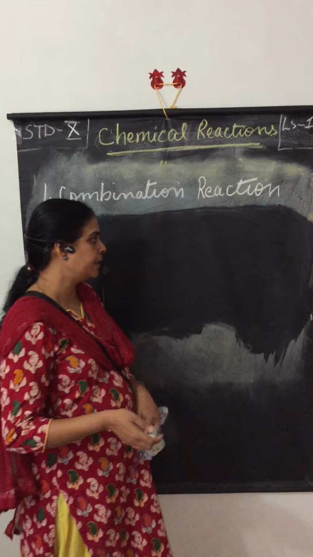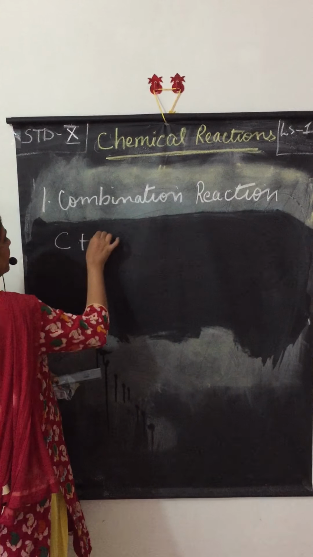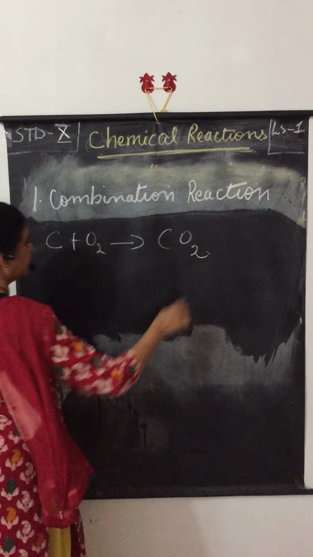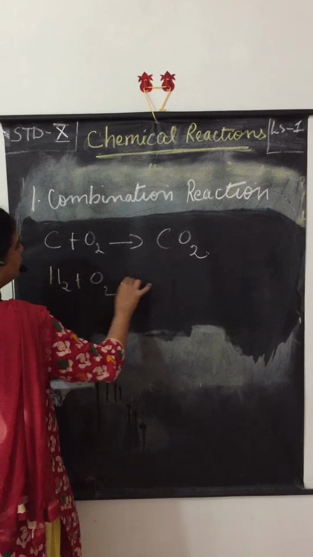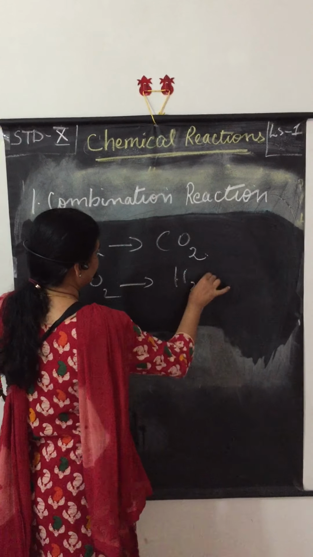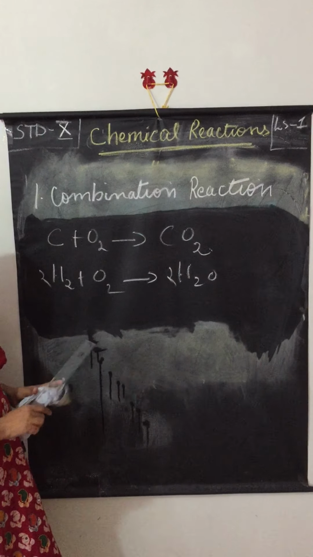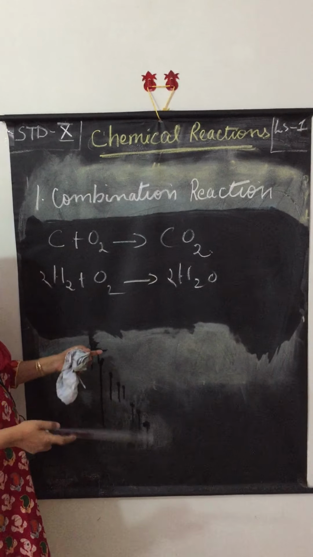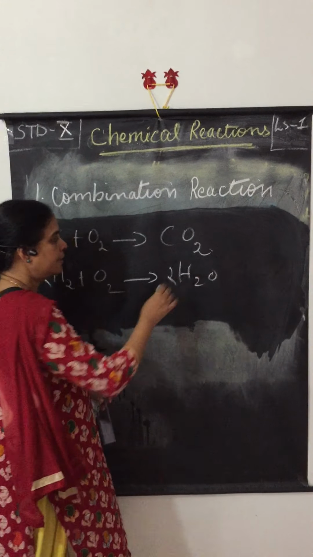That is called the combination reaction. For example, carbon combines with oxygen to form carbon dioxide. In a similar manner, hydrogen combines with oxygen to form water, H2O, and we balance the equation like that. So a combination reaction means two or more reactants forming a product.